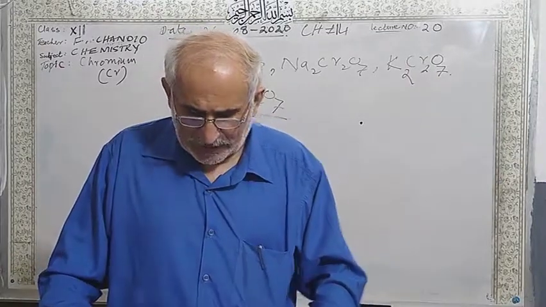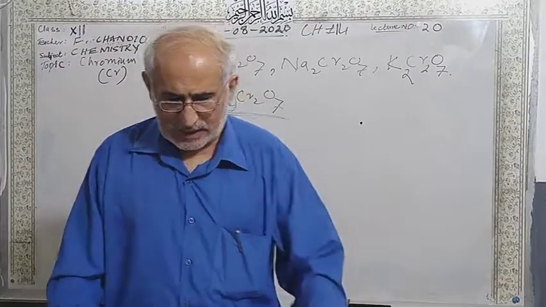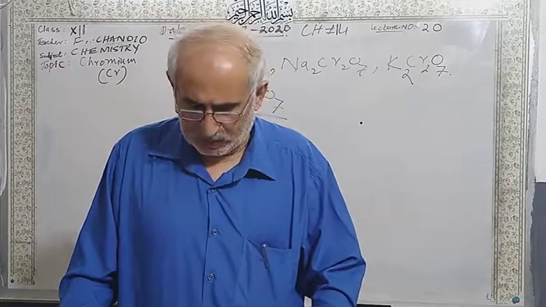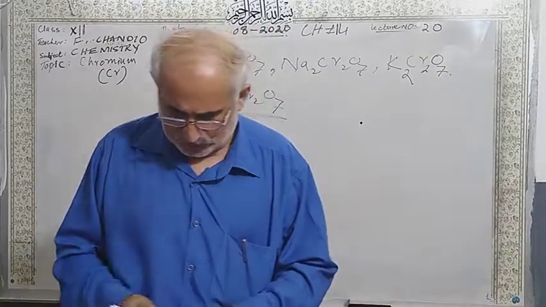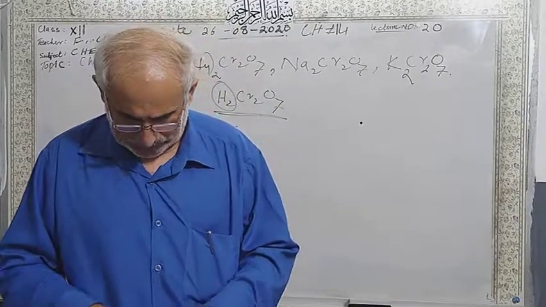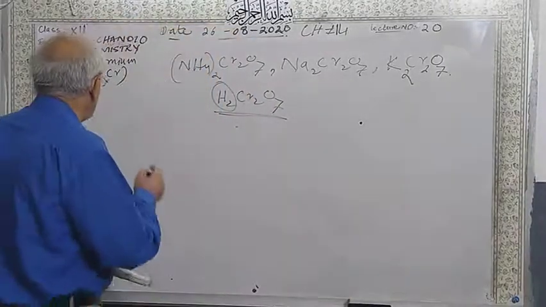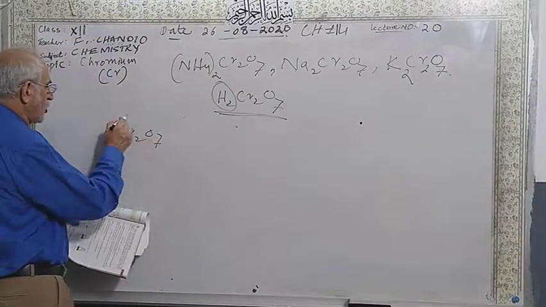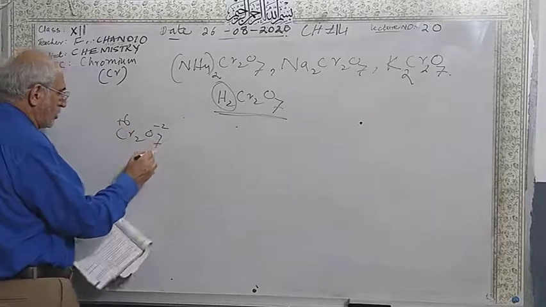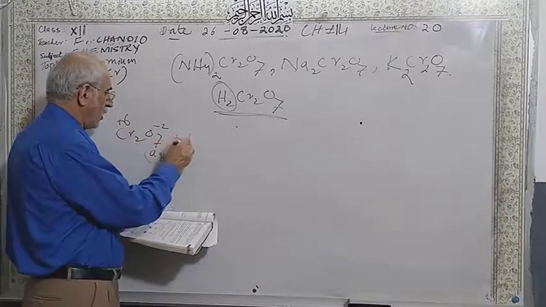In the presence of dilute sulfuric acid, these dichromate ions are a strong oxidizing agent and reduce chromium 6. Cr2O7 2-, with chromium oxidation number positive 6, in aqueous solution with addition of acid.